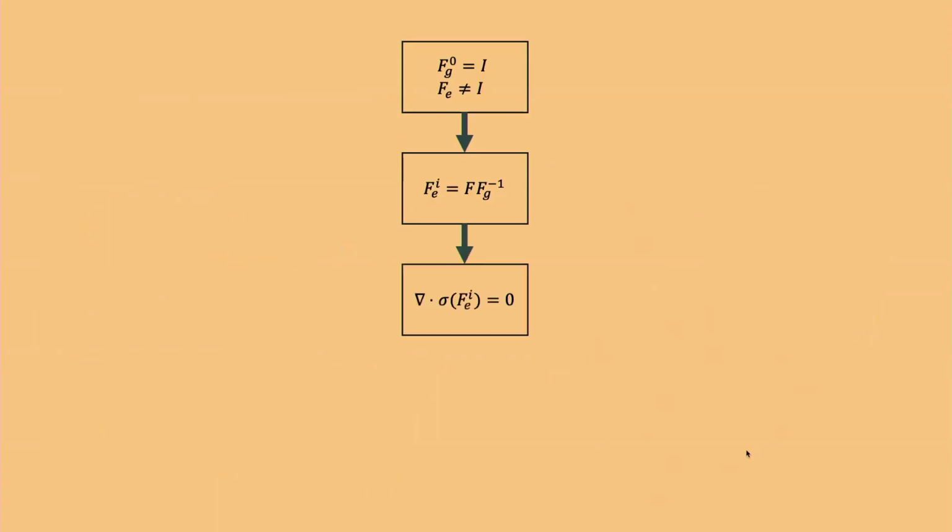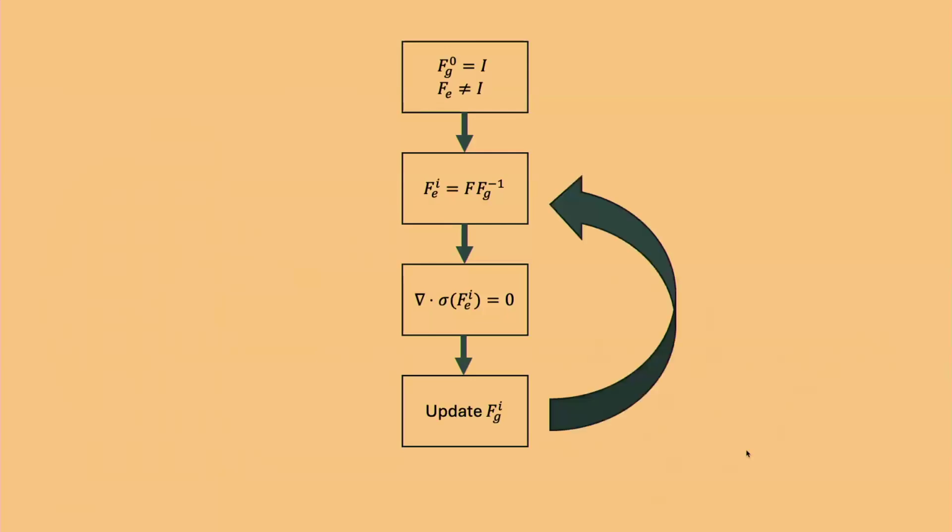You have the divergence of stress equals 0; that's what you're solving for. When you solve that, you get to trigger the growth, and then you update FG. But since FE is dependent on FG, we have to go back and update FE again. We keep on doing this cycle until FG approaches the identity tensor.